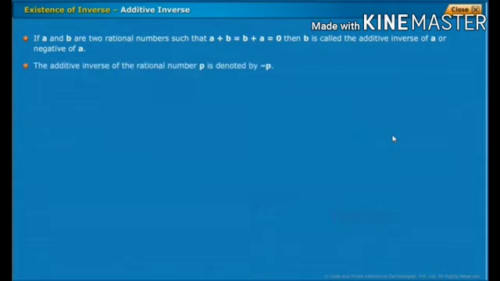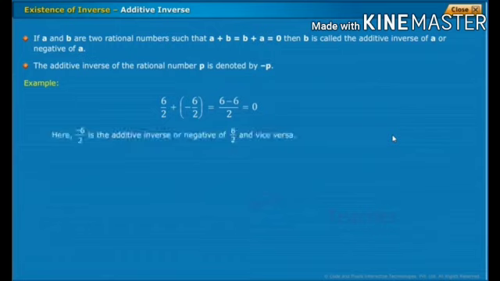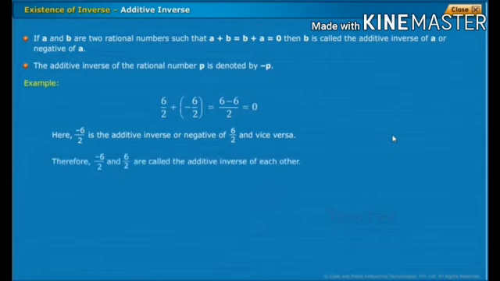The additive inverse of the rational number p is denoted by -p. For example, take 6/2. When you add -6/2 with +6/2, the answer will be 0. 0 is nothing but the additive identity. Hence, -6/2 is the additive inverse of 6/2, and vice versa.